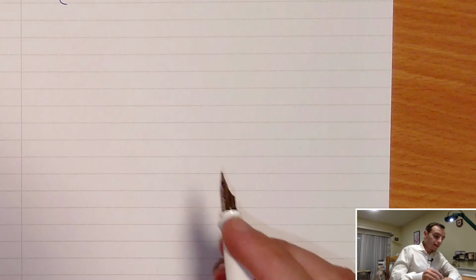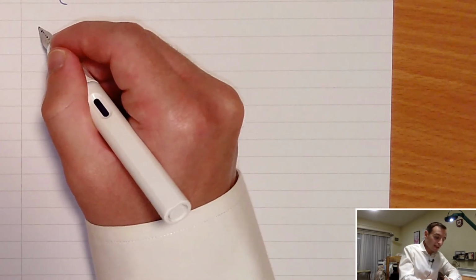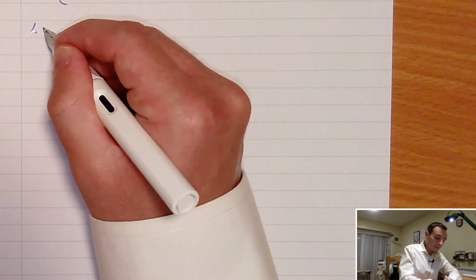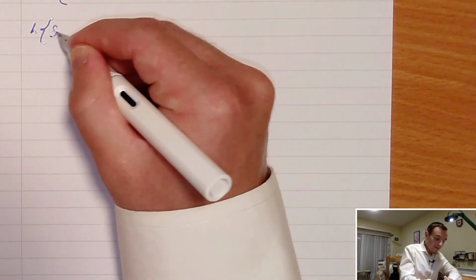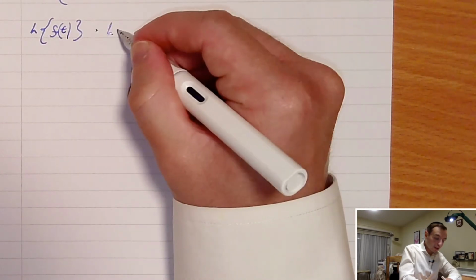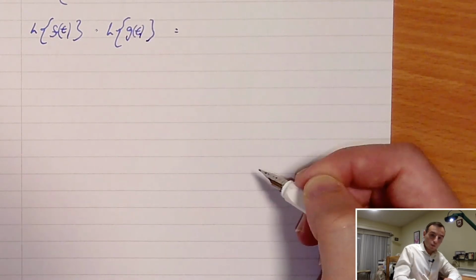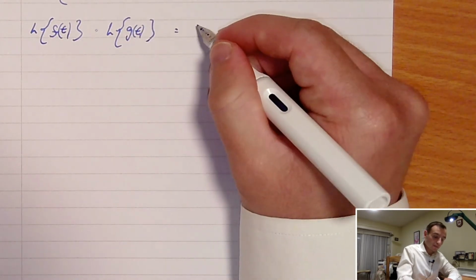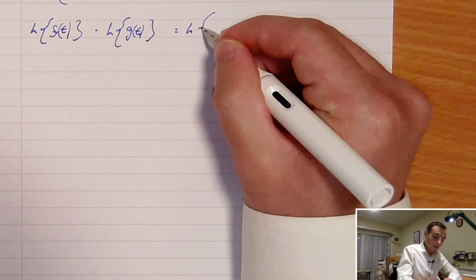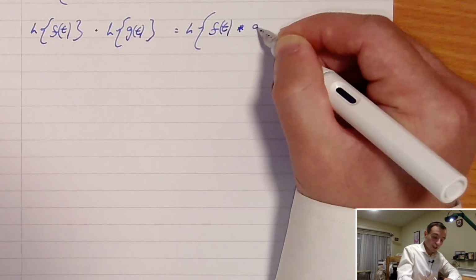Now I'm going to do that again just for clarification, and hopefully it will make a little bit more sense. If we have, say, the Laplace transform of f of t times the Laplace transform of g of t, we can say that that's going to equal the Laplace transform of the convolution of f of t and g of t.